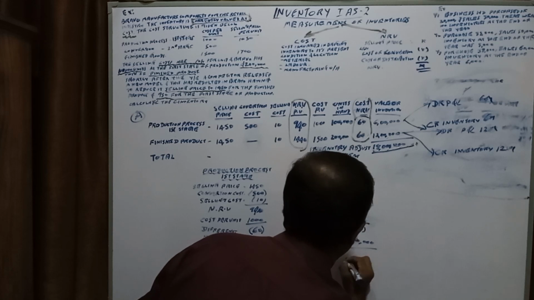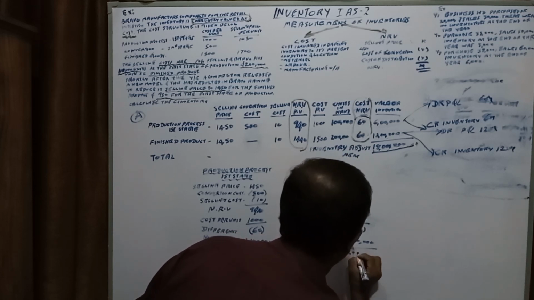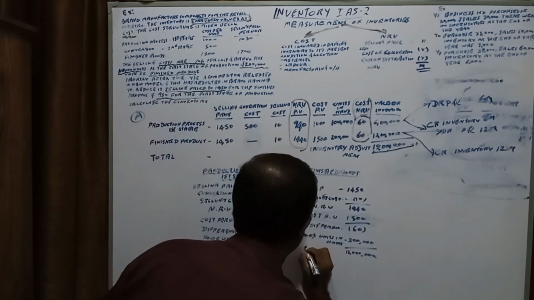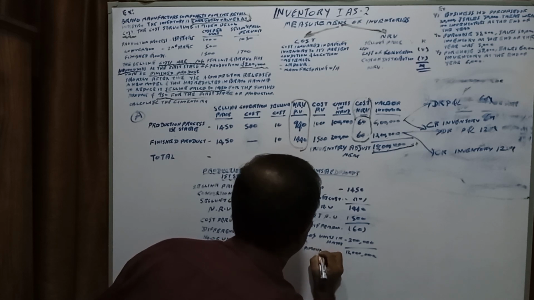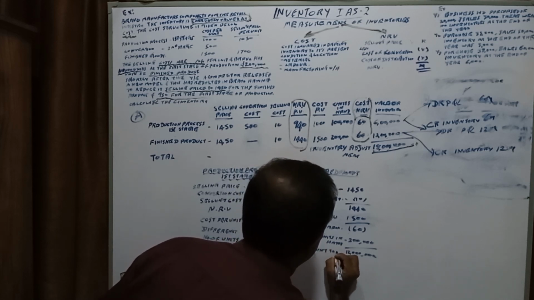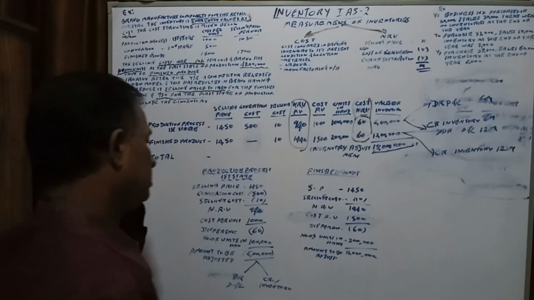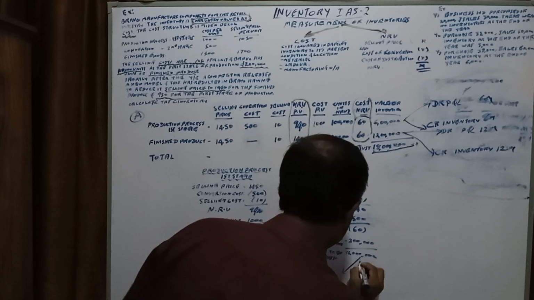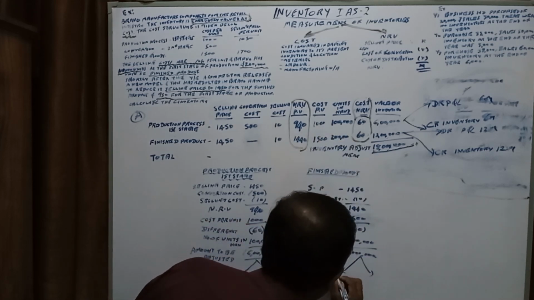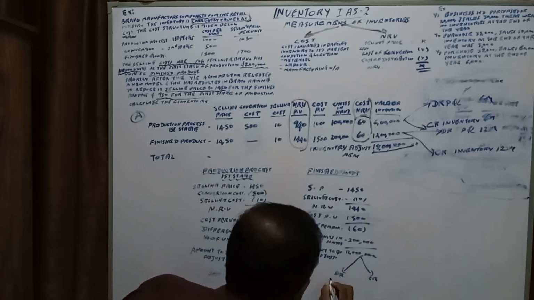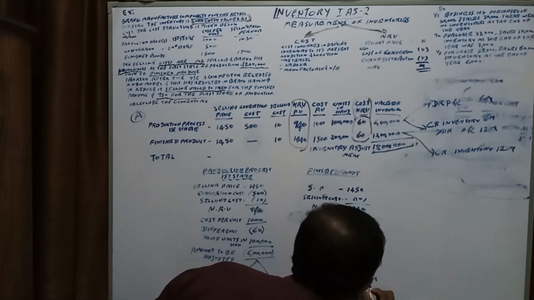So the adjustment needed is 12 million, the amount to be adjusted. This is debit to P&L, and this is credit to inventories.